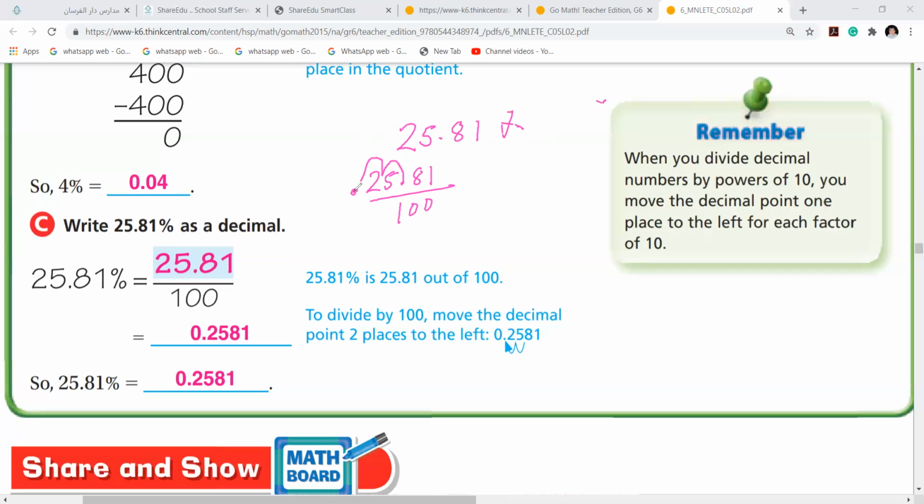Shift your point to here. When I shift my point to here, my answer becomes 0.2581. I remove this point. And of course, before the point, there has to be 0. Now, did you get it? Yeah. Once again, do you want me to explain once again? No, miss, I understand now.